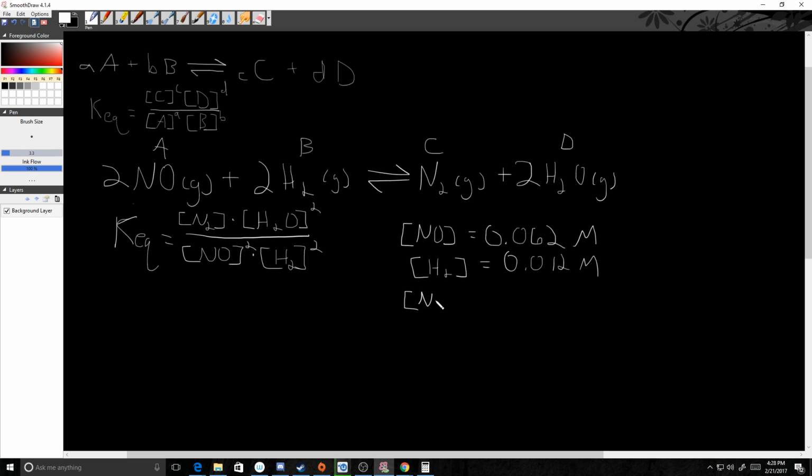For the products, we have 0.019 molar of the N2. And for the H2O, this one's pretty big, 0.138. Those are all molar. In the future, when I give a concentration in brackets like that, it's implied it's molar, so I won't be putting the M there anymore.